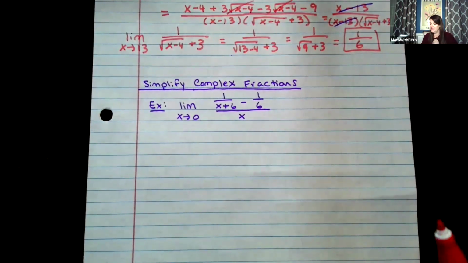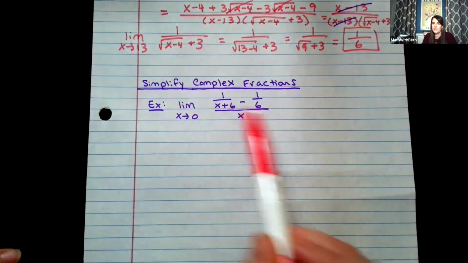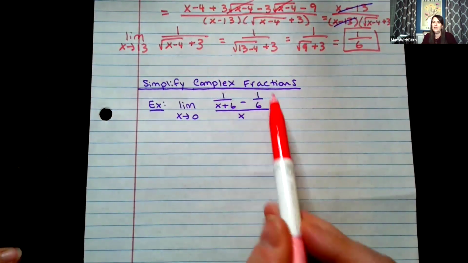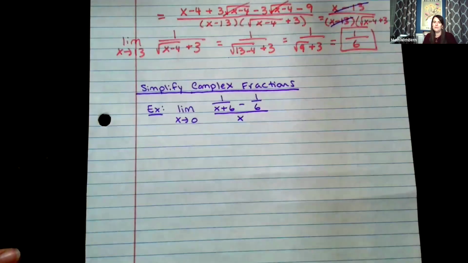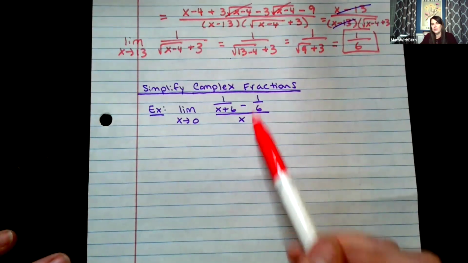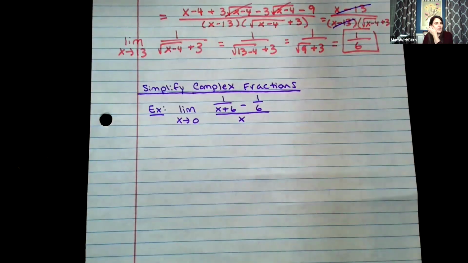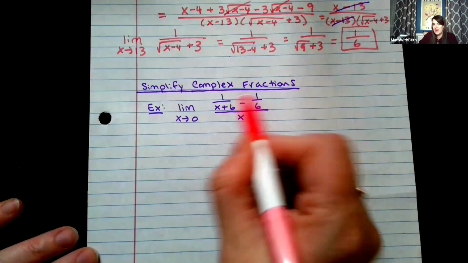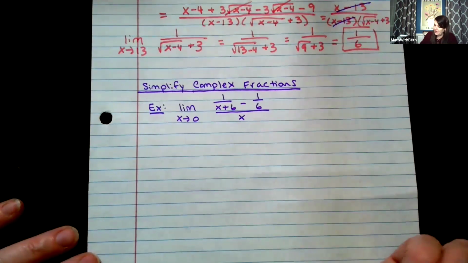So the strategy is, if there's 2 fractions being added or subtracted, let's combine those, which is going to mean getting a common denominator. And then eventually we're going to do dividing with our fractions by doing the trick of keep, change, flip. So step 1, if I want to add or subtract the things on top, I need a common denominator.